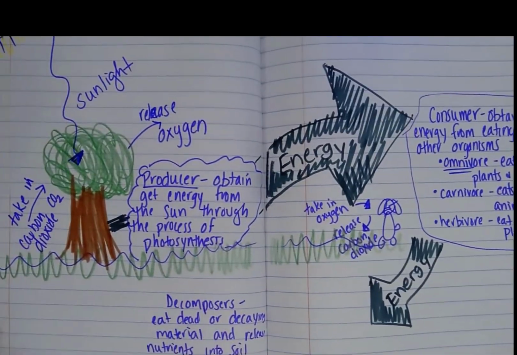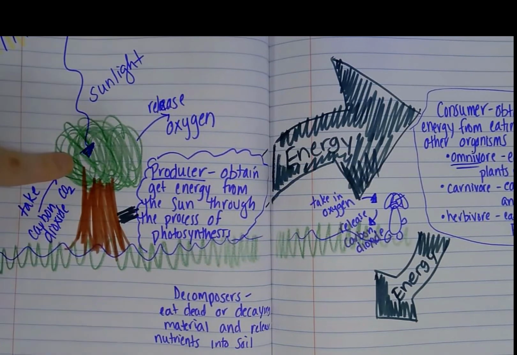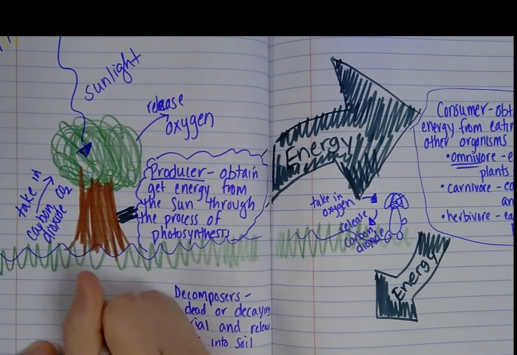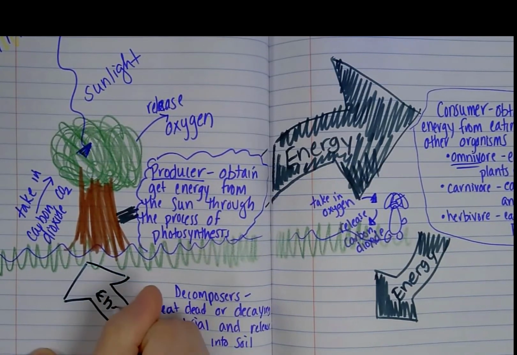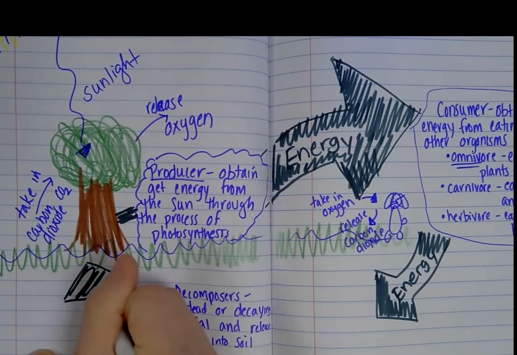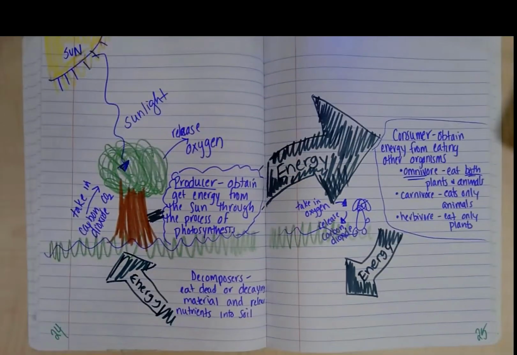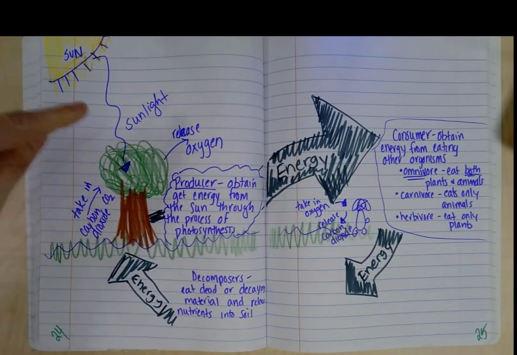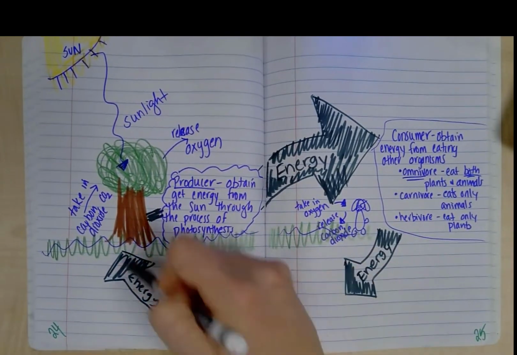And so once that happens, then the producers would then take those nutrients back up. So that would be our energy now coming back around. So we've got this whole cycle thing where energy comes in from the sun, goes into the producer, then goes into a consumer, comes back down to our decomposer, goes back around.